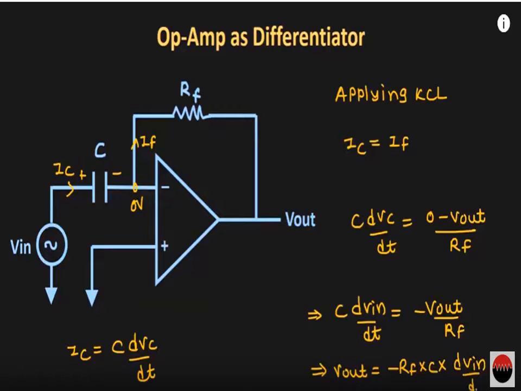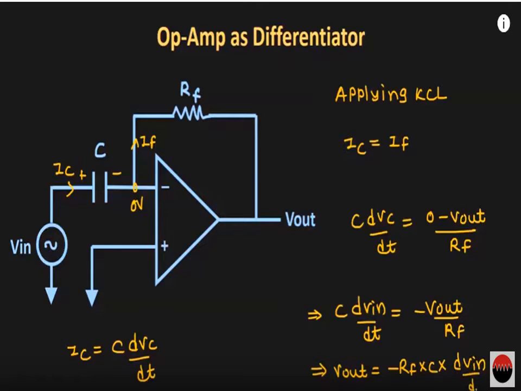IC is the current passing from the input through the capacitor, so IC is C into dVc by dt, equal to IF. Due to the virtual ground, that is 0 minus V out divided by RF. So C into dVin divided by dt equals minus V out by RF.